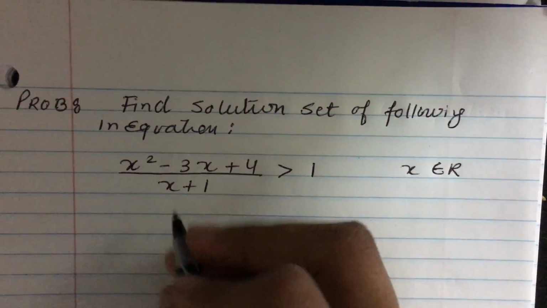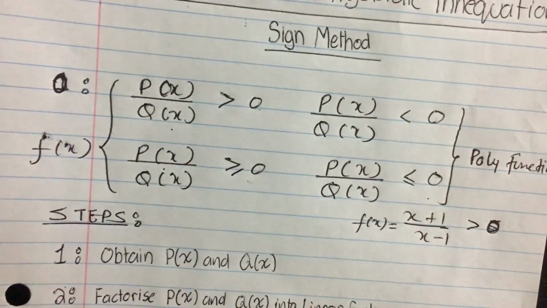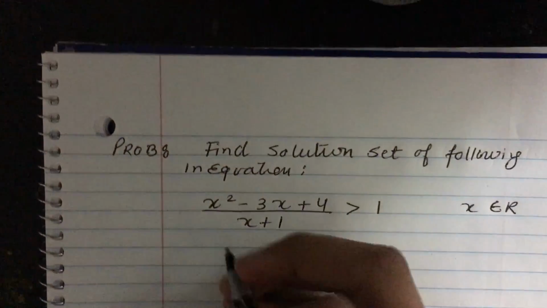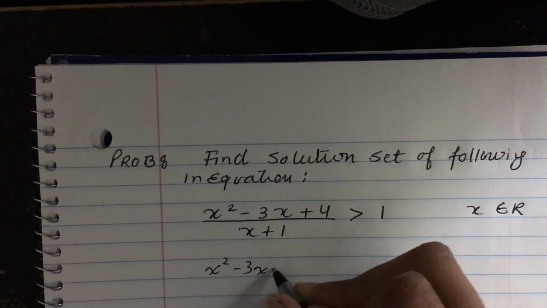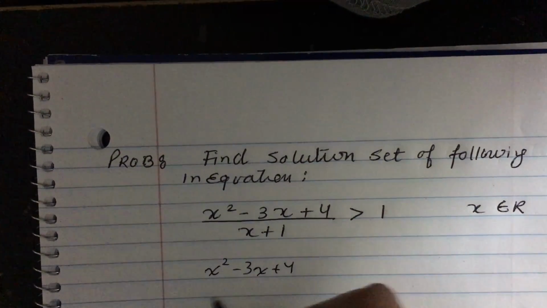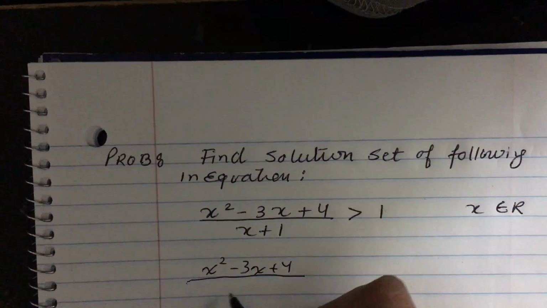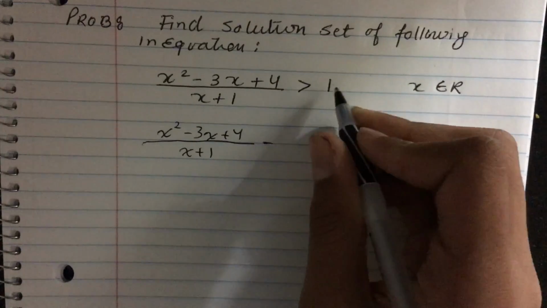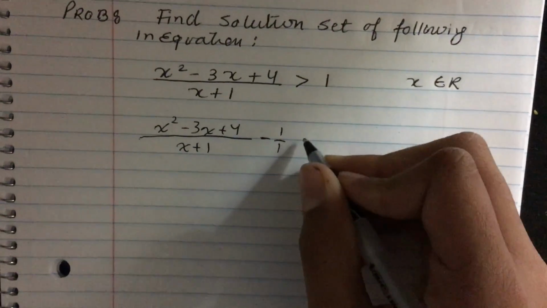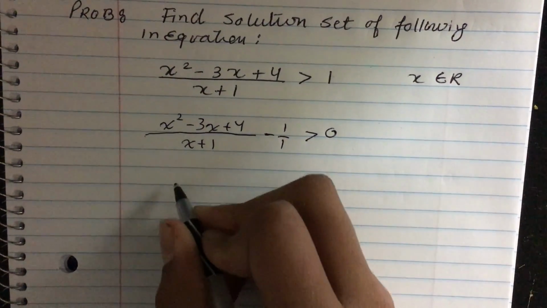So let's see. It says first we have to make it 0. We can just bring this over and make it x squared minus 3x plus 4 divided by x plus 1 minus 1 is greater than 0.